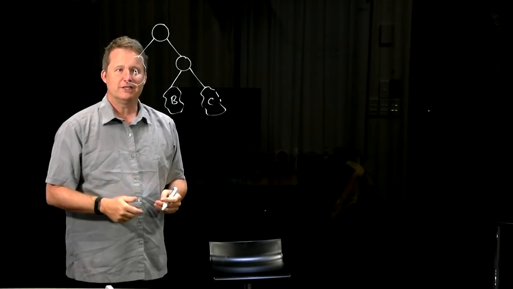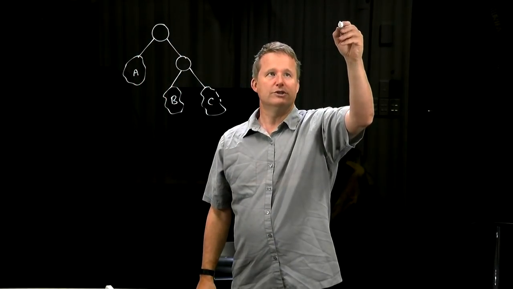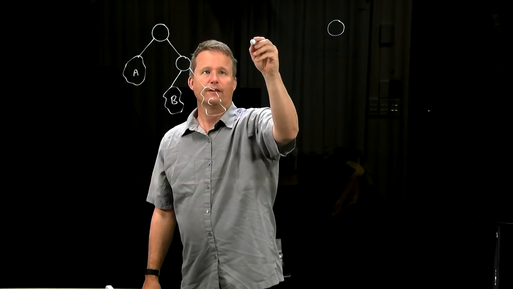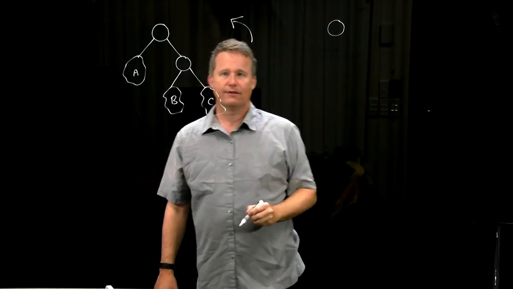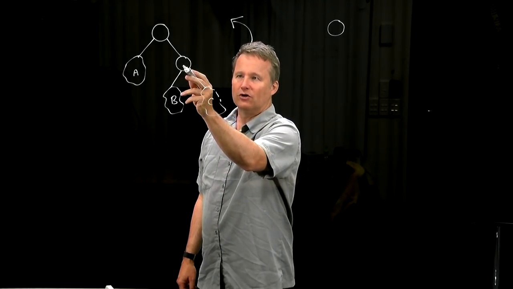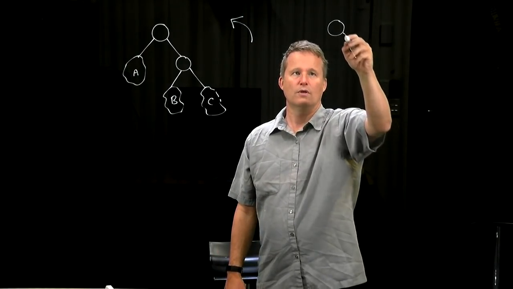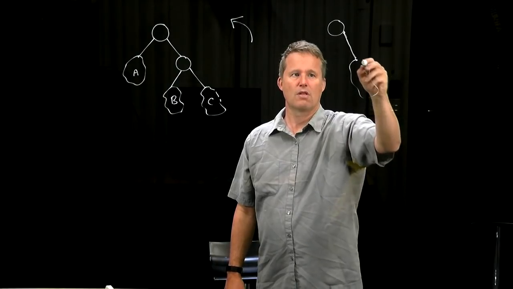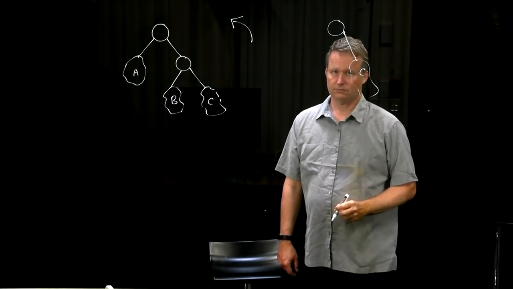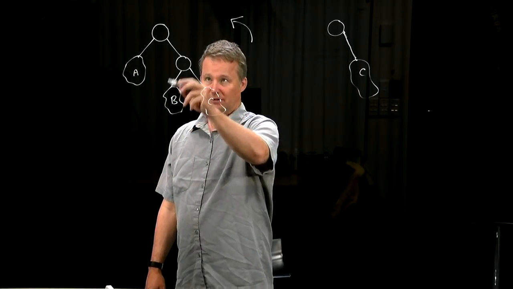One of the basic ideas is what's called a rotation. So what we're going to do is start with this tree, and we're going to rotate it that way so that this node now becomes the root. So it still has this subtree hanging off it, but now its left child, instead of being this tree, is actually going to be this.